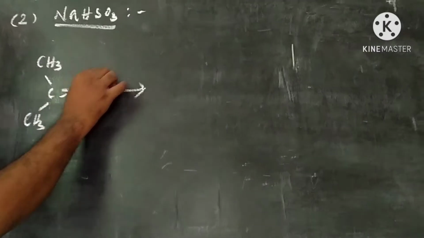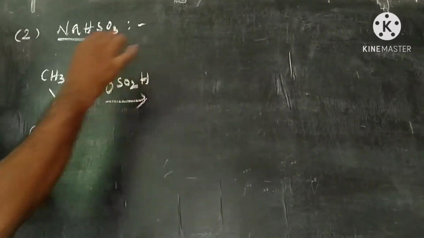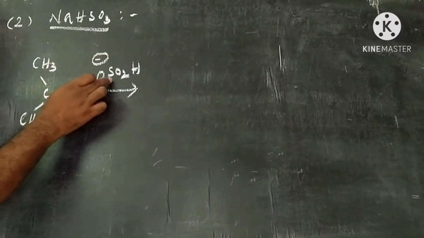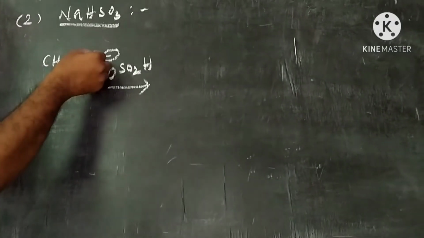Okay, so O minus, SO2H. Again the same: CH3, C, CH3, with O, SO2H, O minus. Next, proton transfer.